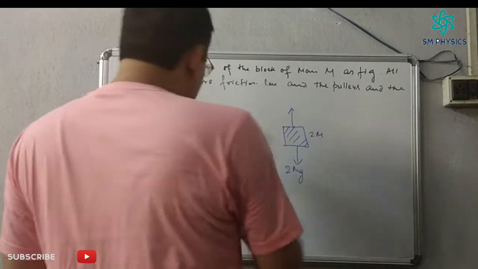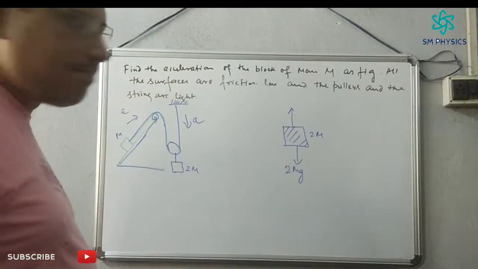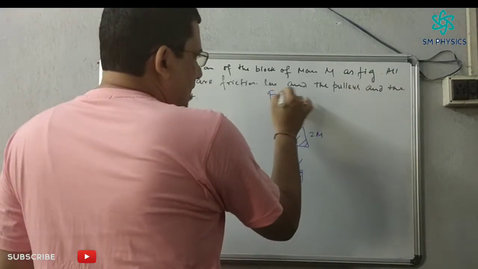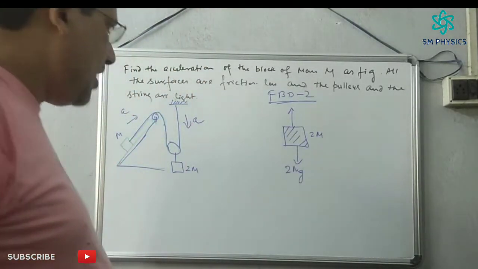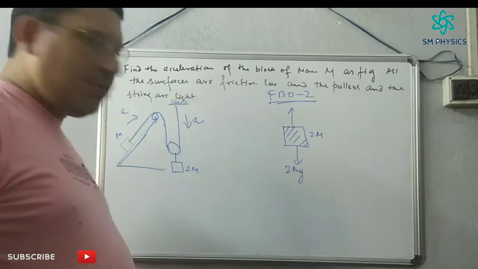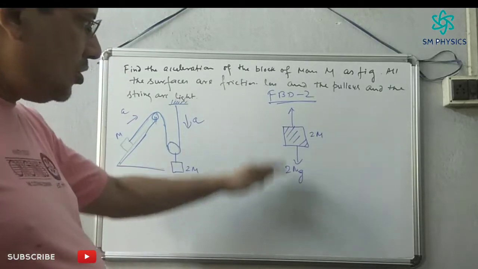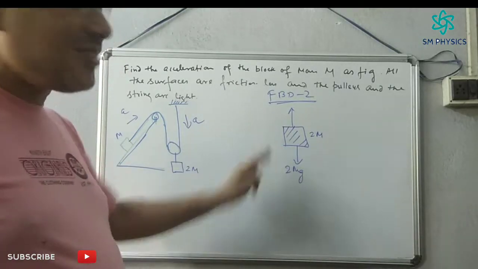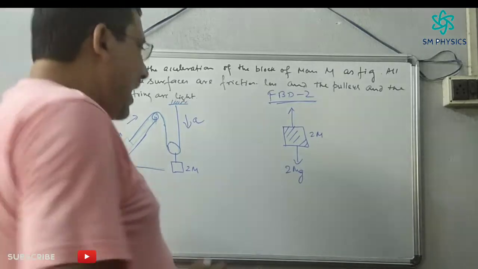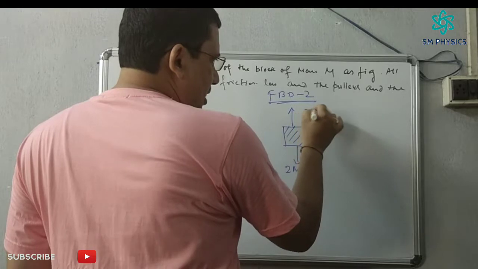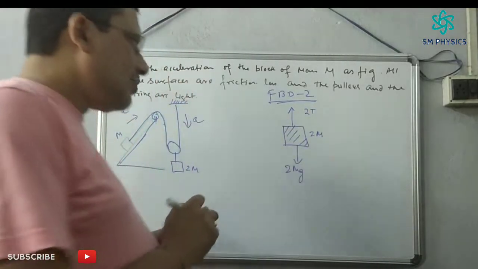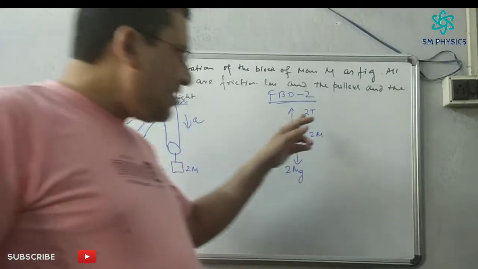Now I take the other block. The mass is 2m. This one is FBD 2. Now here you see the weight is always acting in the downward direction. So this one is twice mg because the mass of this block is 2m. And the tensile force will act in the upward direction, that is 2T. Now one question arises, why do I take 2T?